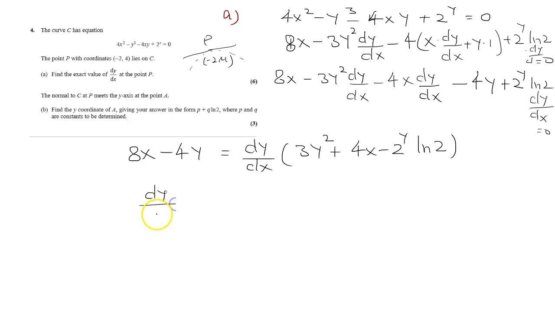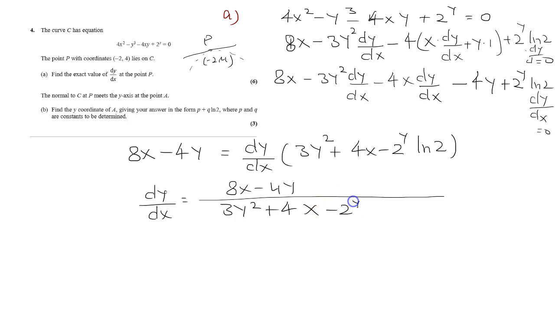So dy over dx is 8x minus 4y divided by 3y squared plus 4x minus 2 to the power y ln 2.